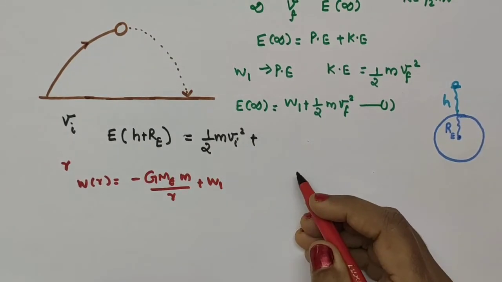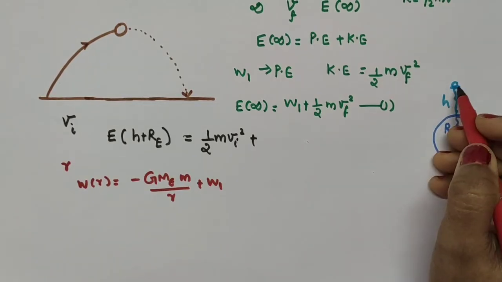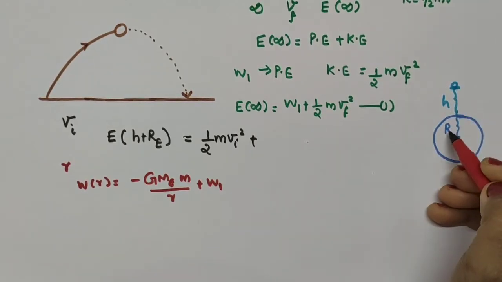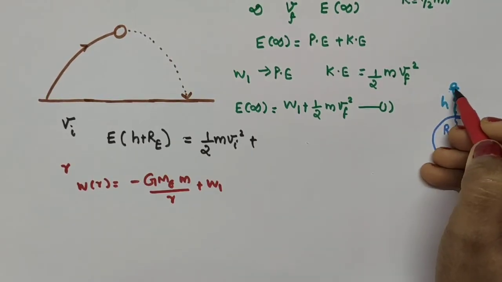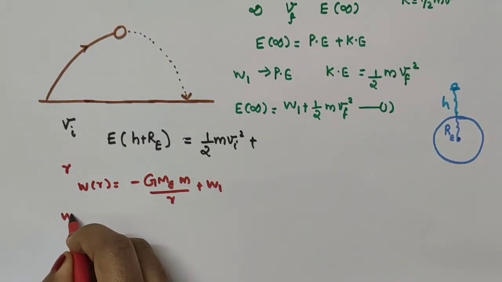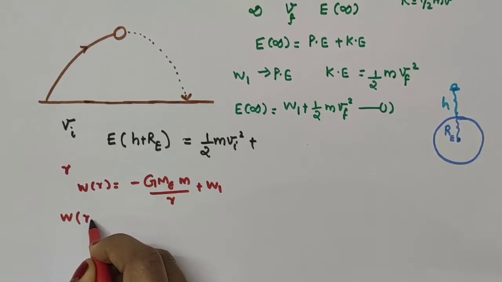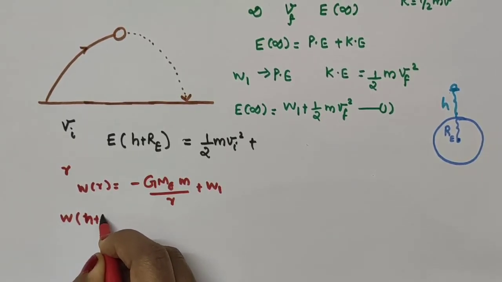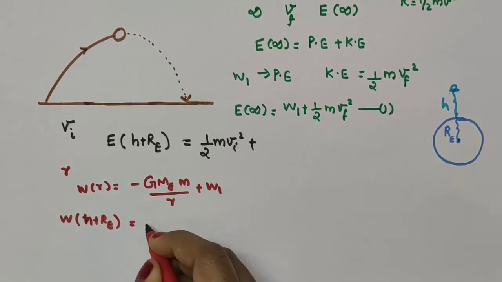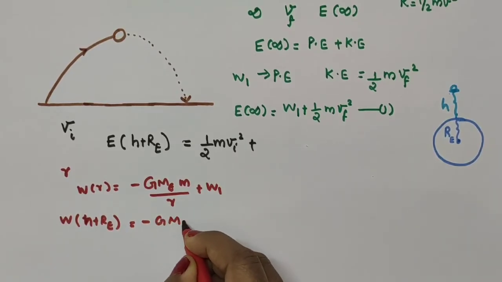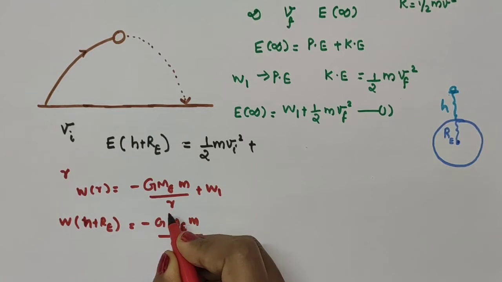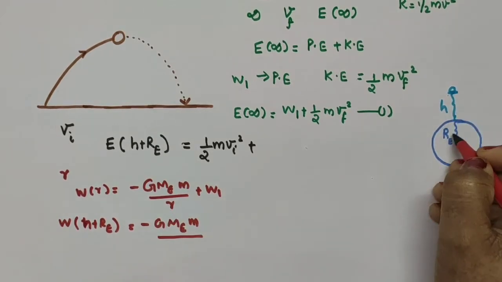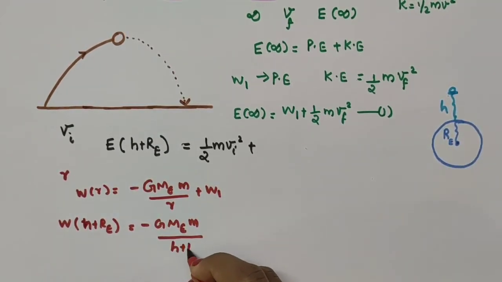So, here we want the potential energy when the object is at a distance h plus re from the center of the earth. The potential energy of that object can be written as W of h plus re equal to minus G Me m divided by h plus re, plus W1. Here Me is the mass of the earth, m is the mass of that object, and the distance from the center of the earth is h plus re.